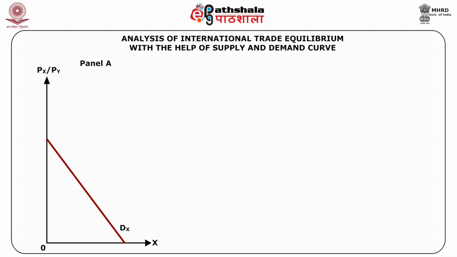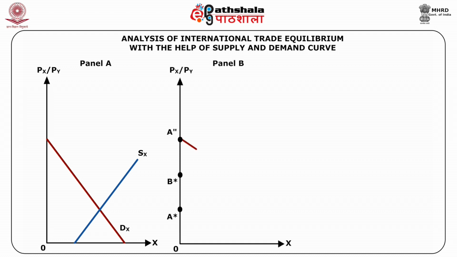Dx is the demand curve and Sx is the supply curve of commodity X in nation 1. Panel 2 shows the world demand D and supply S of commodity X, where the world equilibrium price and quantity is at the point of intersection of world demand and supply of commodity X, that is at point E dash.